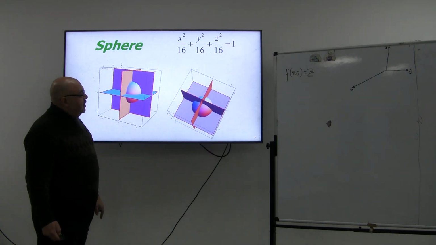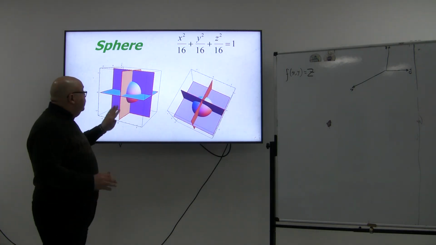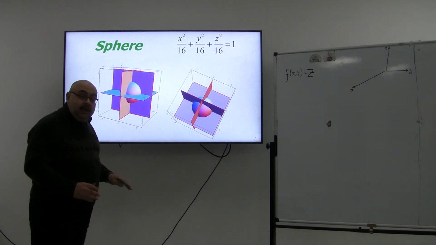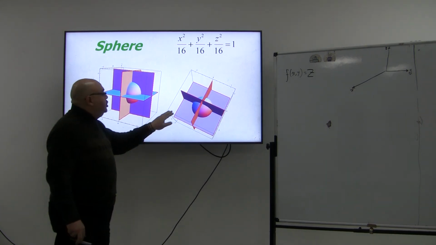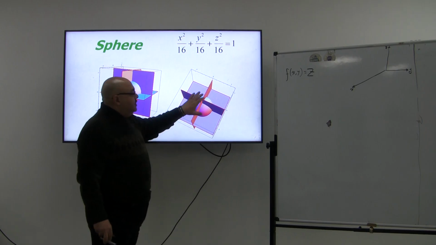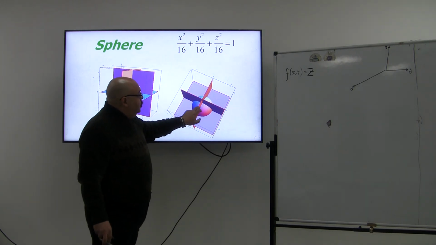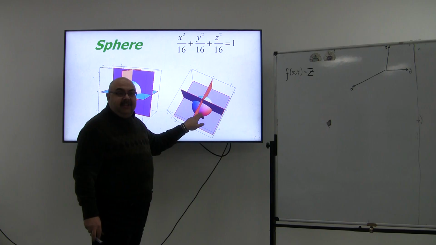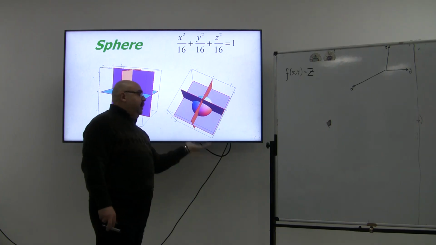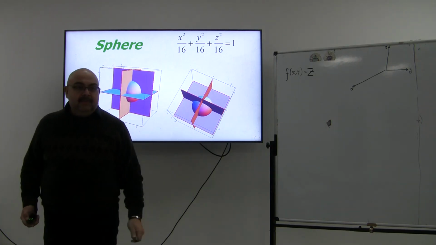This is from another angle. If I move up and look from above, this is the shape that you will see. That's the sphere, and as I told you, those are 4 of the 1/8 parts of this sphere, and the remaining is from below the plane.